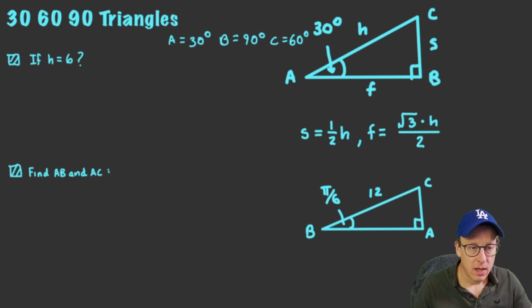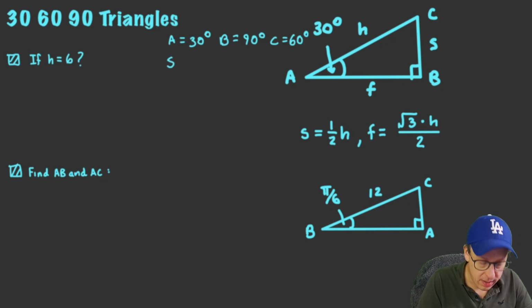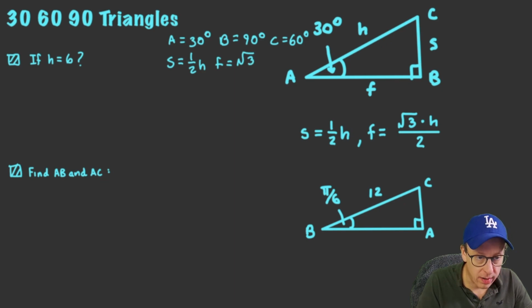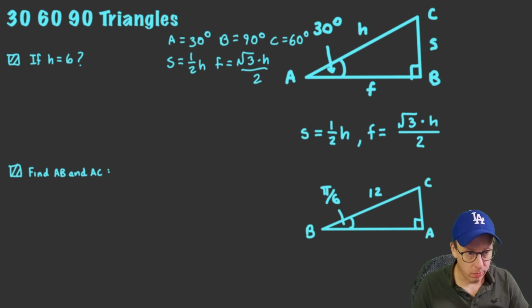All right? So what we're then going to be able to do is calculate a lot of other values. S is going to be equal to 1/2 of H, and F is going to be equal to the square root of 3 times H divided by 2.